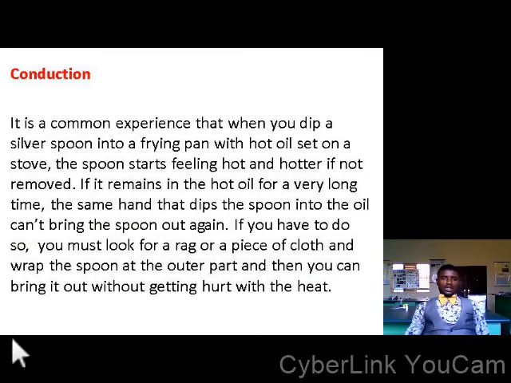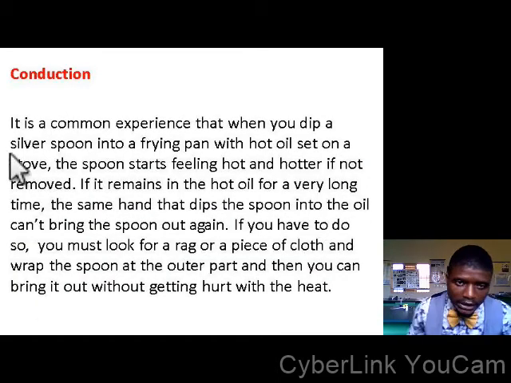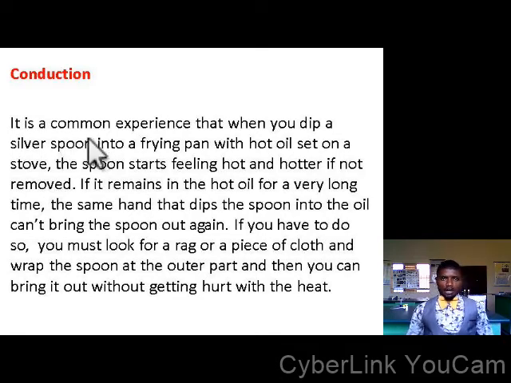So let's look at conduction. What do you mean by conduction? Conduction is a common experience: when you dip a silver spoon into a frying pan with hot oil, and you pick your spoon and dip it inside the hot oil, maybe for 2 minutes or 4 minutes, and then you go back with your bare hands to touch it, you will react like this.